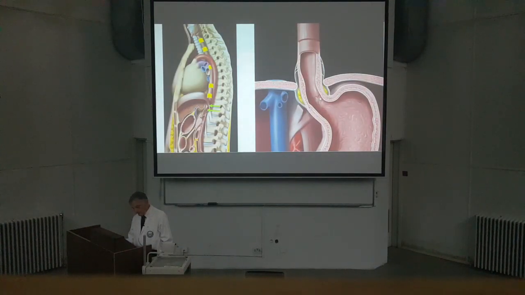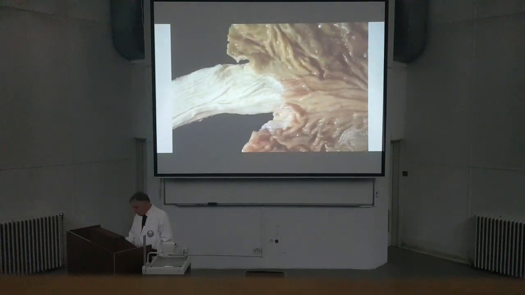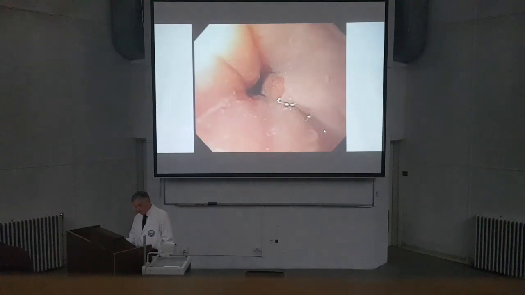Now we have studied this junction and the safety factors for preventing reflux. This is a cadaveric image of the esophagus, which has a longitudinal fold, and then the sudden change of color, and then the rugae of the stomach.